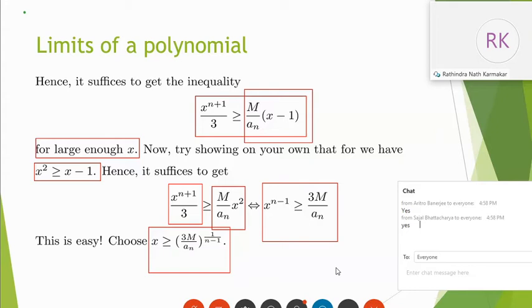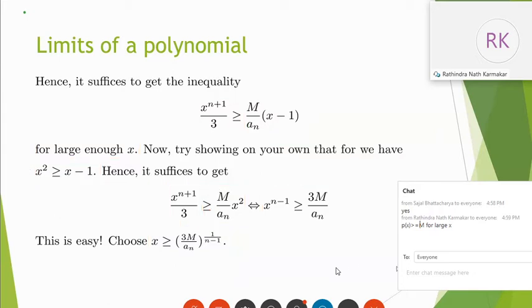And that's why p of x will be greater than or equal to m for large x. So, are all of you comfortable with the proof? Let me go over to the initial slide where we started off trying to prove.